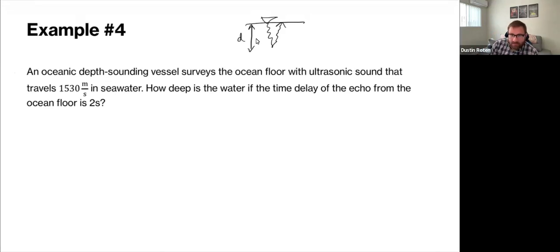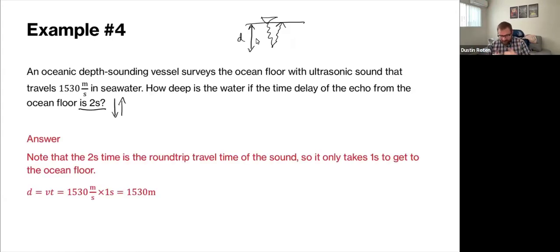So that means we have to divide the time it takes by 2 seconds, because this is the time it takes to get down there and come back. If we use this time here, we get the depth of the ocean twice, right? Because we get it once for the sound going down, we get it again for the sound going back up. So we need to be careful and remember to divide this by 2.